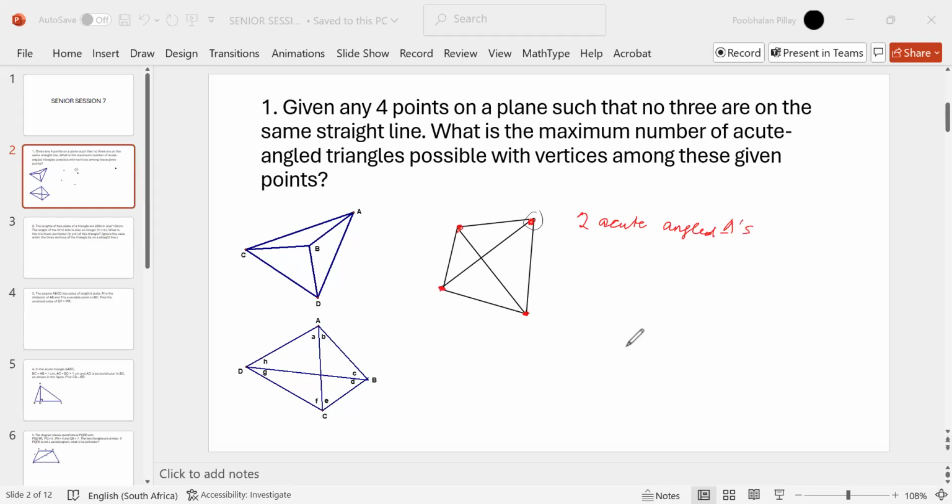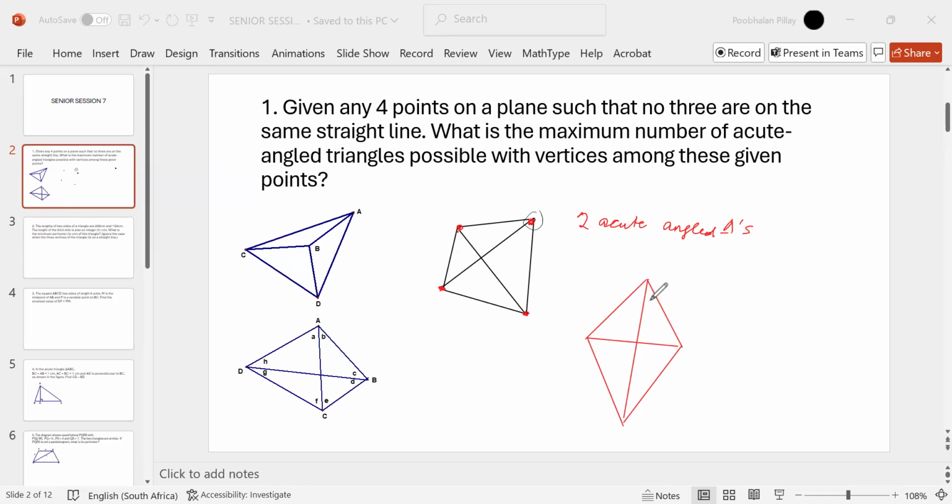Now, I actually can draw a situation where I got 3 acute angle triangles. And one can try to construct it. It took me a while, but I noticed that if you draw a kite, I think I can draw a kite with certain angles.